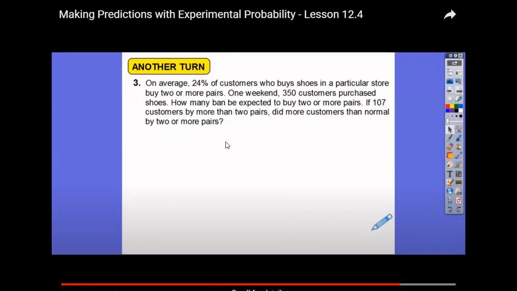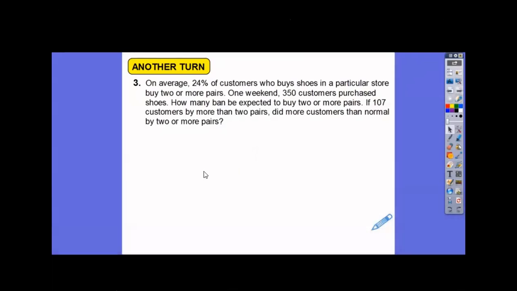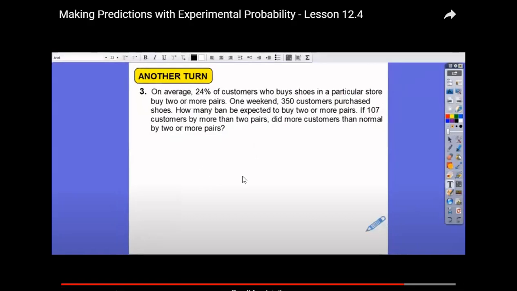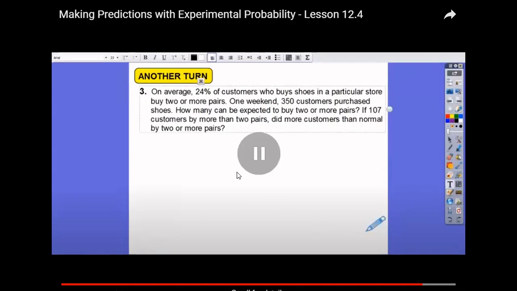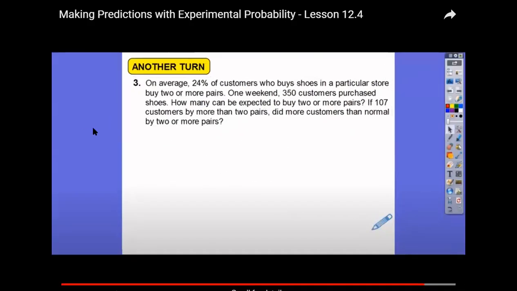24 over 100. Exactly. 24 over 100 equals X over 350. Exactly. Then we multiply 24 by 350 and divide by 100. Very good. So the answer will be what? 84, right? But he said here 107.